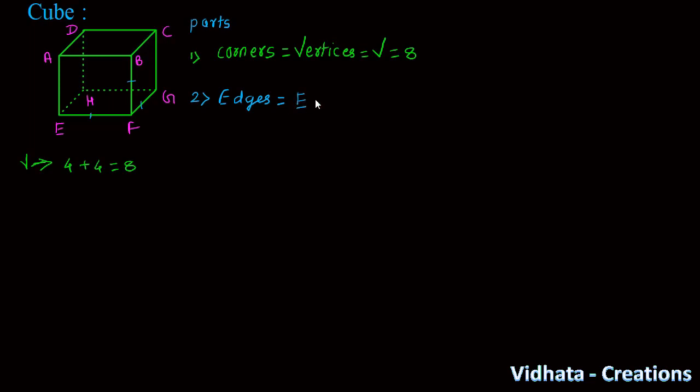Can you see in the figure how many edges are there? So here we will count the edges. How will you count the edges? If you see at the top, how many edges are there? Here B to C is one edge, A to B another, D to C this, and D to A. Like this, how many in all?